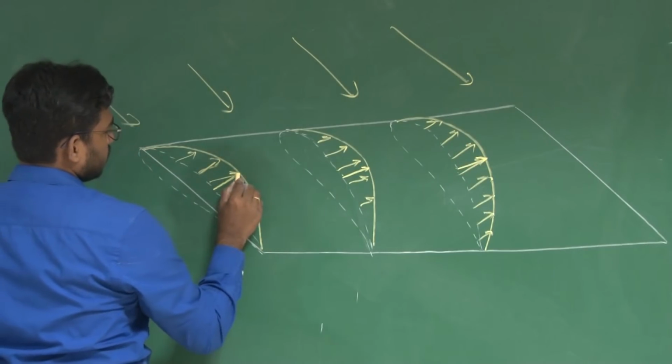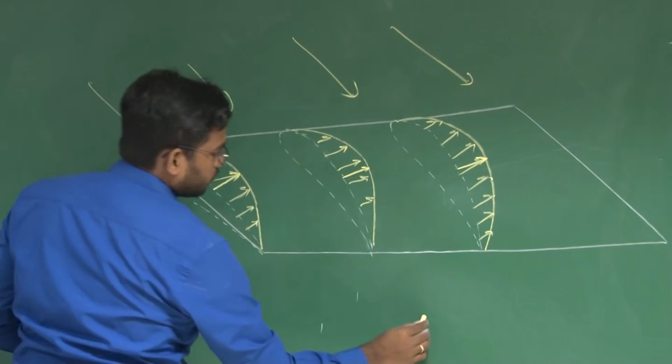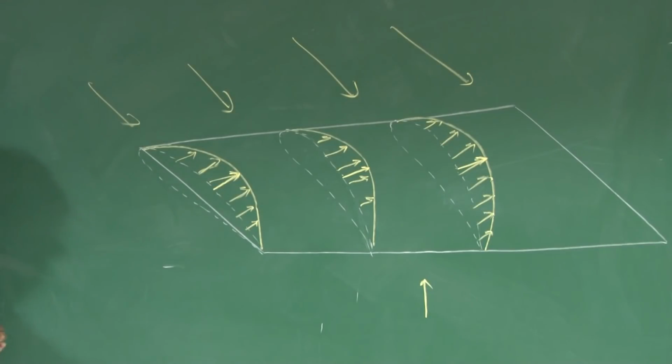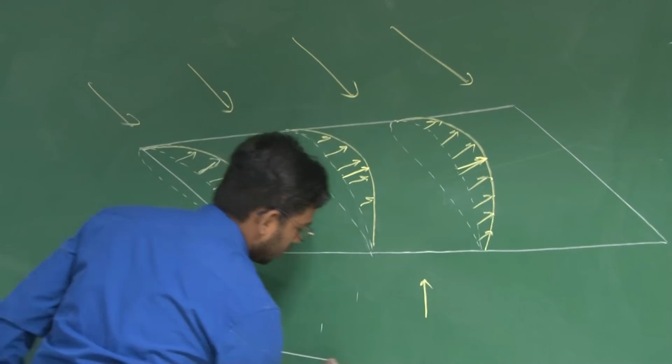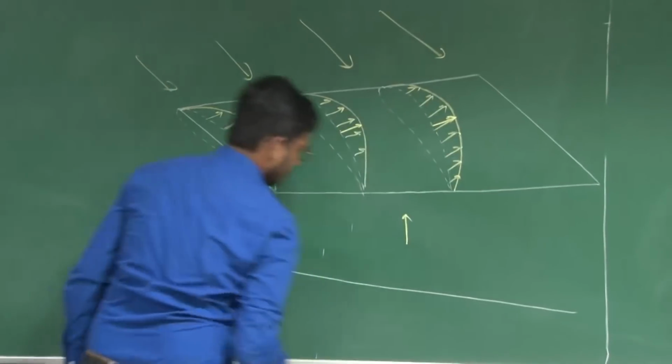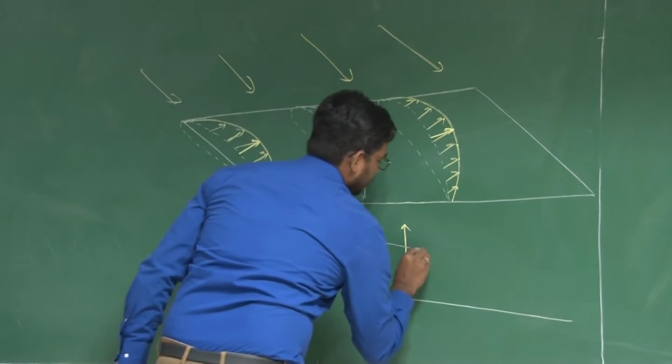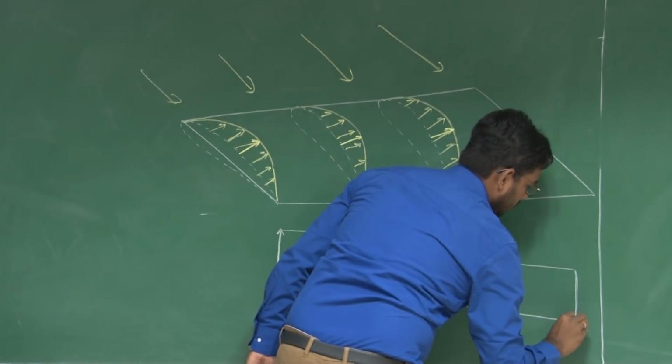Now, if you look from this direction, say if this is my wing, for a rectangular wing the lift distribution will be something like this.